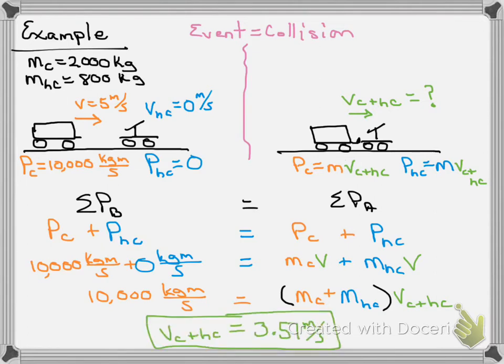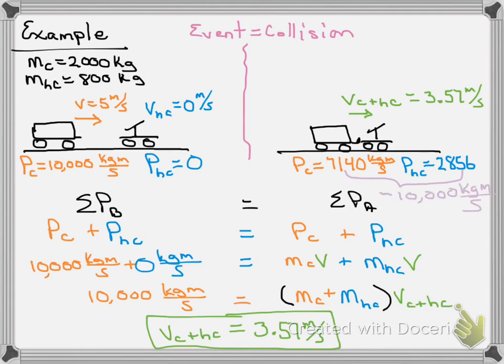And so when we solve for the final velocity of these two things, we get that they have a speed of 3.57 meters per second. And now that we know the speed, we can find the final momentum of each of these objects using their mass and that combined speed. And when you add them together, you get 10,000 kilogram meters per second. Momentum is conserved.